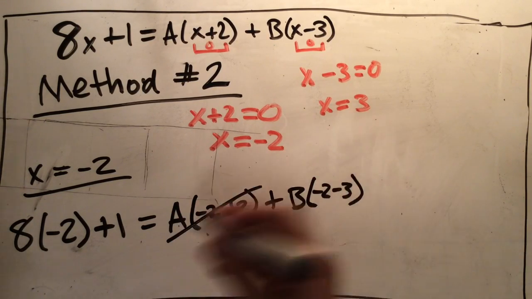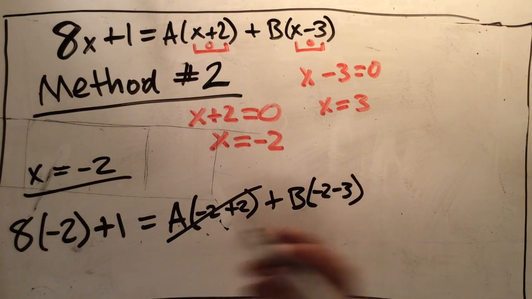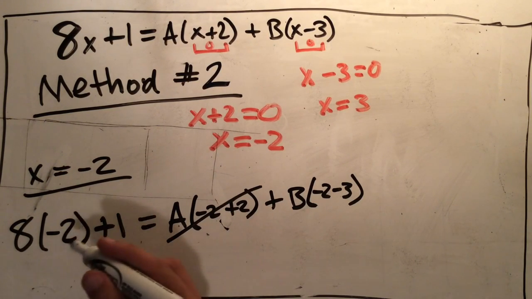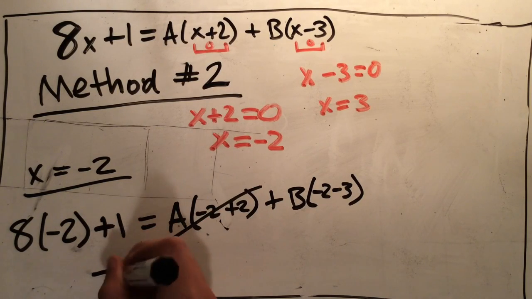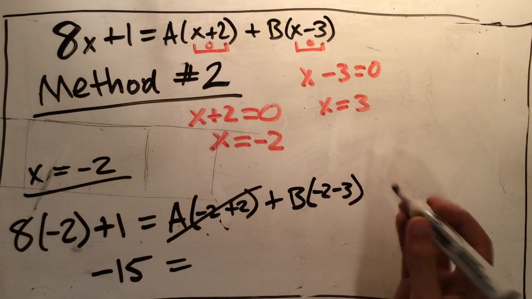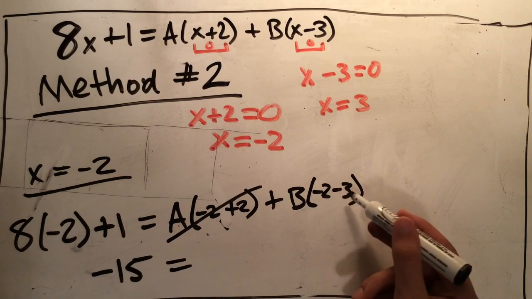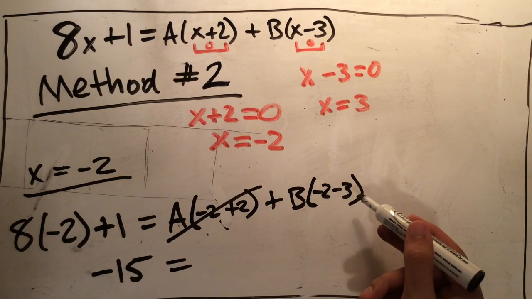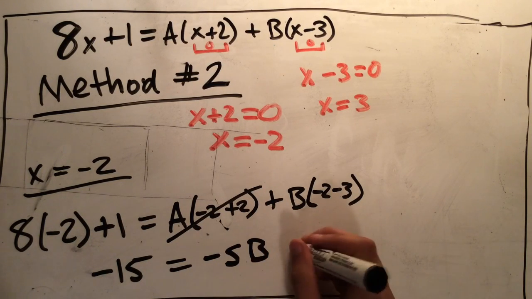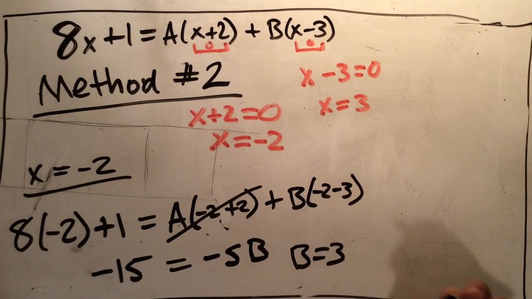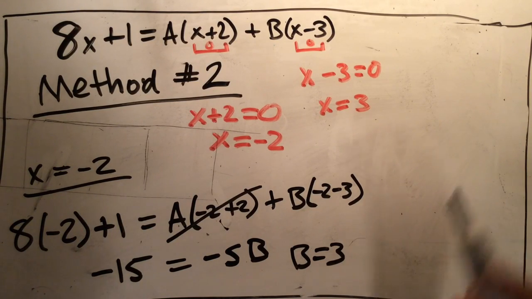We could just cancel this out because that'll just become 0. So we'll have negative 16 plus 1, which would be negative 15, equals negative 2 minus 3 is negative 5, so we'll have negative 5b, and then we get b is equal to 3. So there we have b, same b as we got last time.